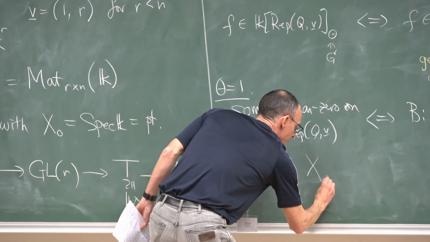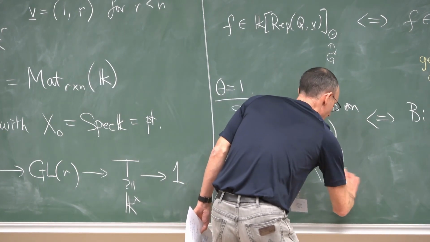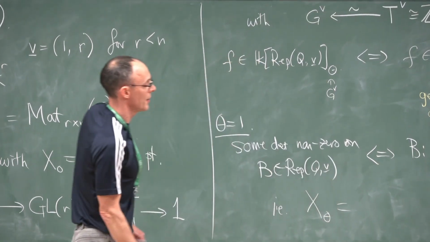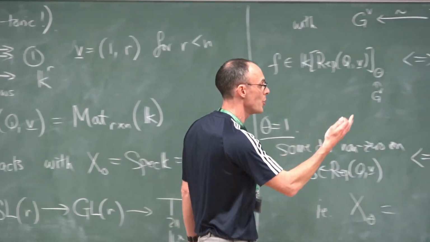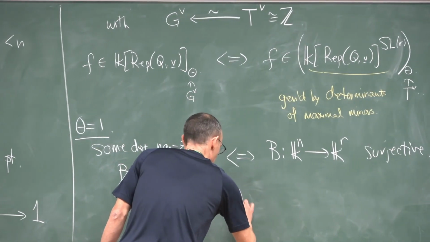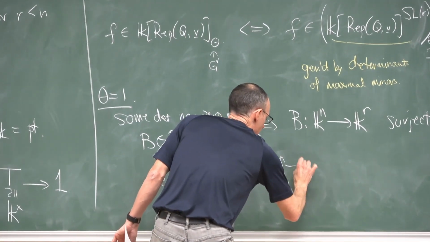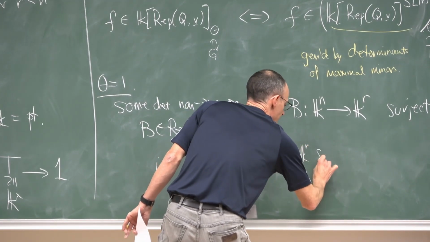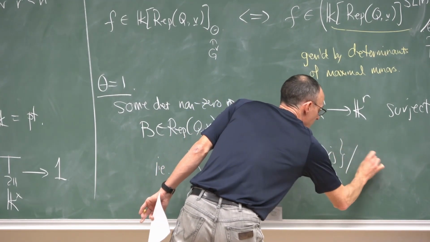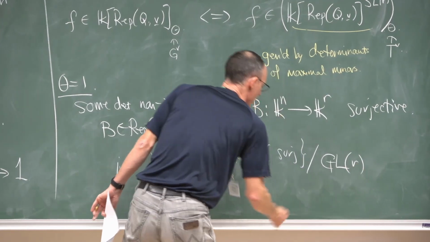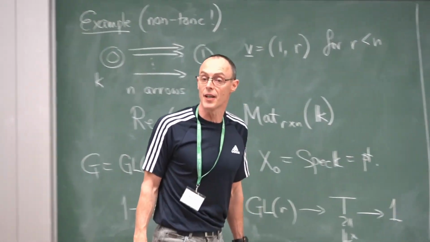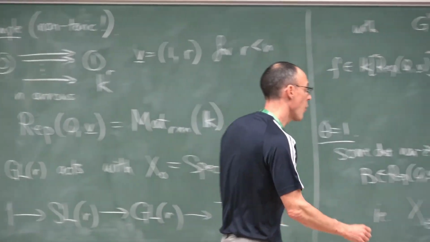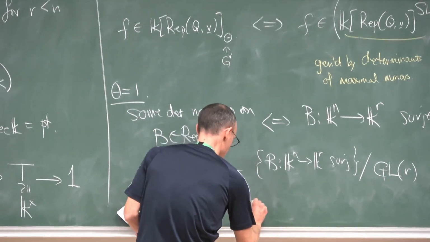X theta for theta equals 1 parameterizes the collection of such surjective maps, but then modulo the action, perhaps I'll write it this way, it's the collection of B's from Kn to Kr that are surjective, but then I modulo the action of GLR on the target. This is exactly the Grassmannian of quotients. So for me, I'll write it this way.